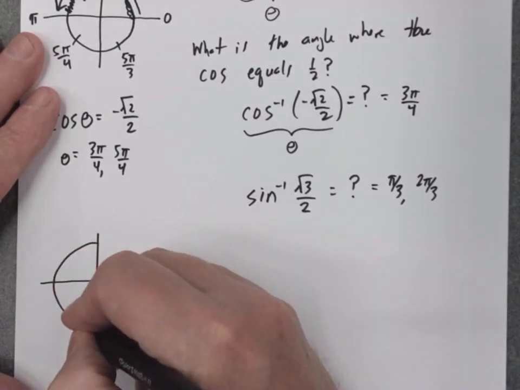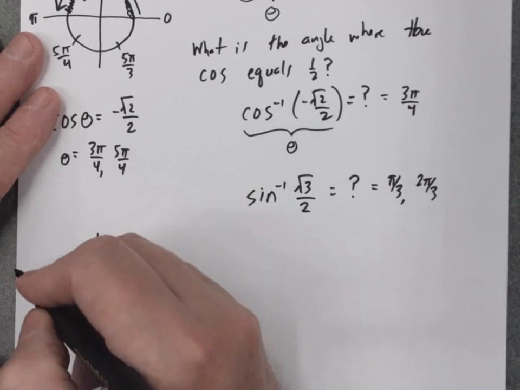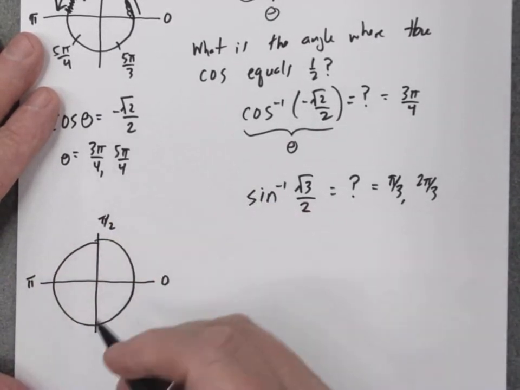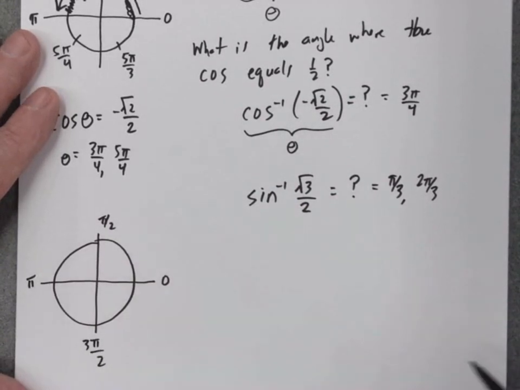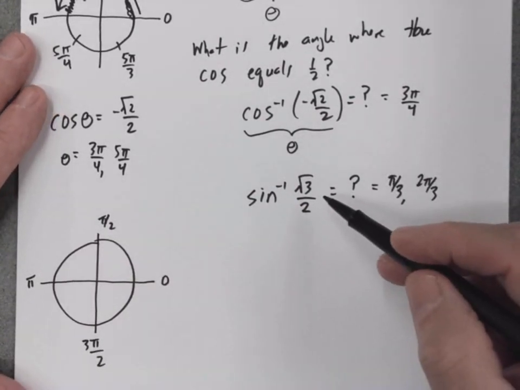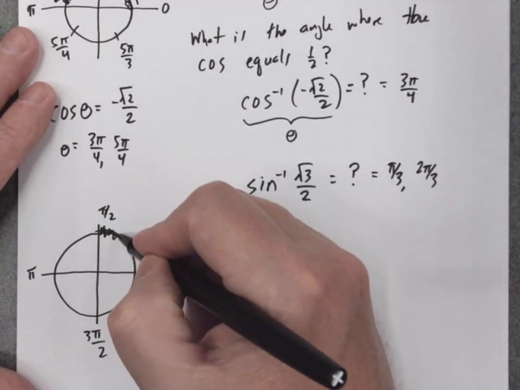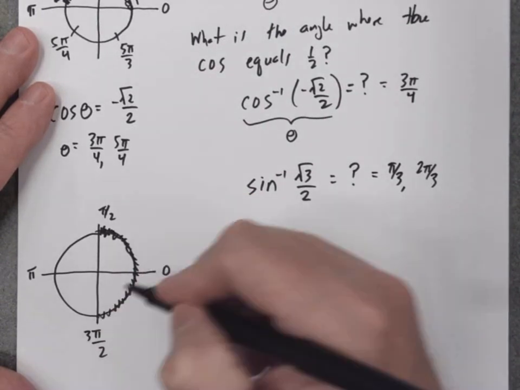So here's my unit circle. If we're talking about inverse sines, the only angles allowed are in the right half of the unit circle.